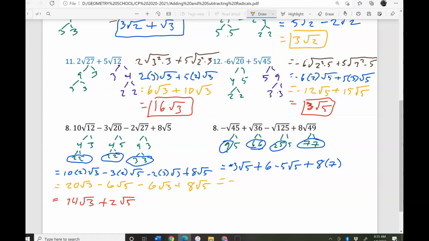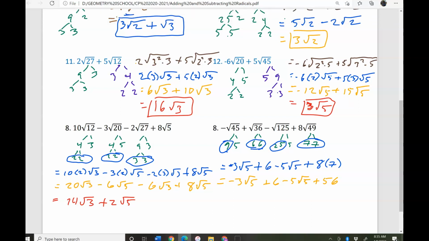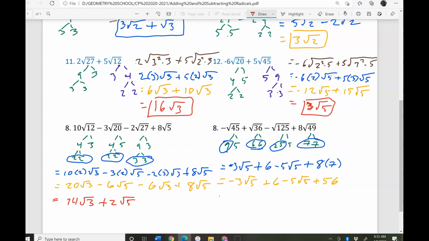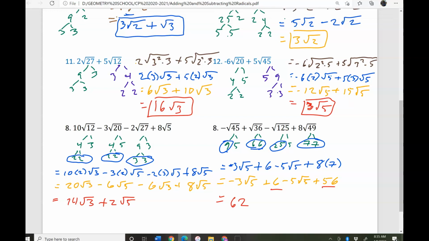So we have negative 3 square root of 5 plus 6 minus 5 square root of 5 plus 8 times 7 is 56. And usually our numbers come first. So 6 plus 56 gives me 62. And we're going to combine like terms with our square root of 5s, which gives me a negative 8 square root of 5.